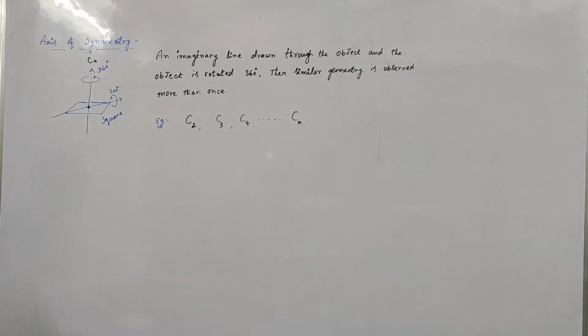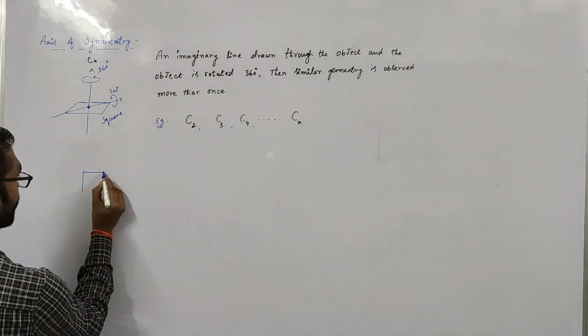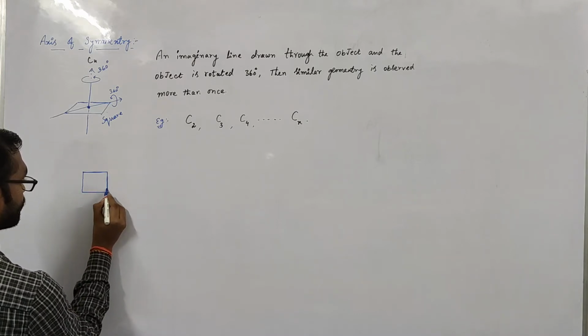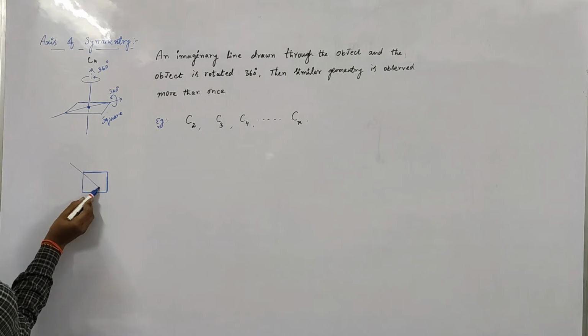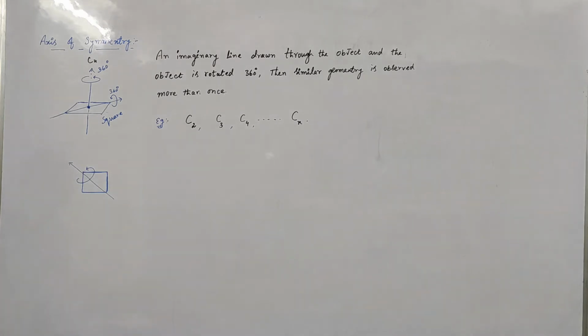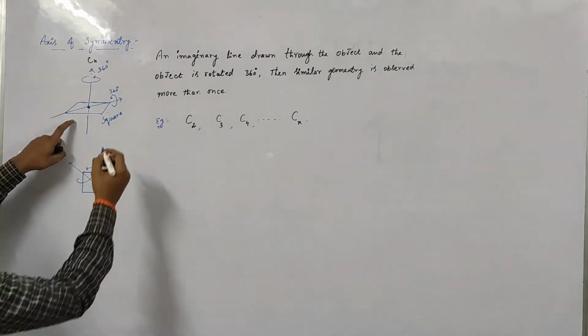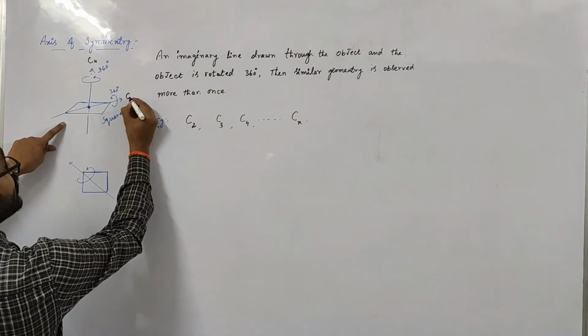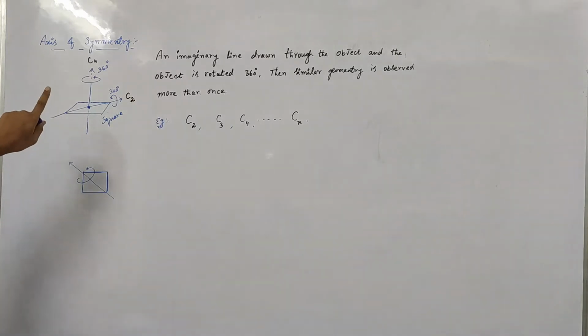Think and tell me. I am passing an imaginary line along the diagonal and rotating for 360 degrees, how many times will you get similar geometry? 2. So we call this axis C2, a C2 axis of symmetry.